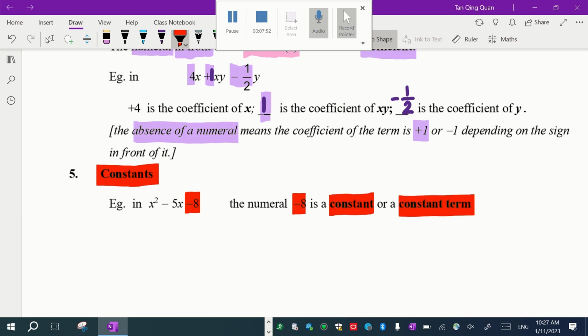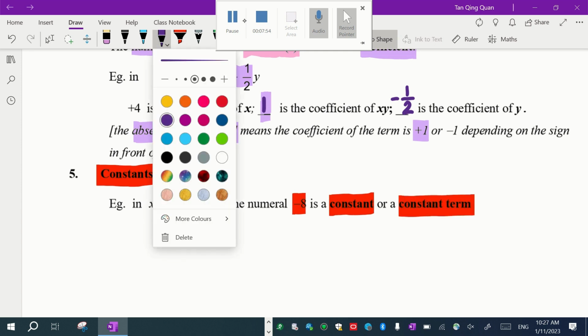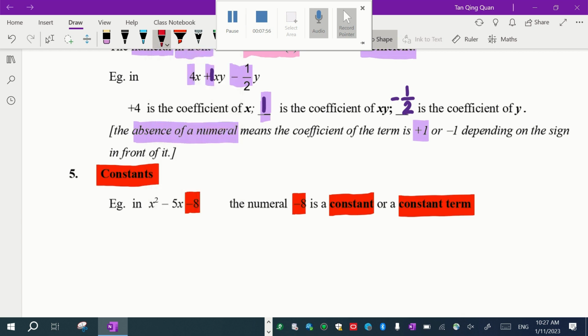They mean the same thing. Why is it called a constant term? Because the value is fixed, is constant. It is always negative 8. We cannot change the value. Whereas for a letter, which is a variable, we can replace it with any value.